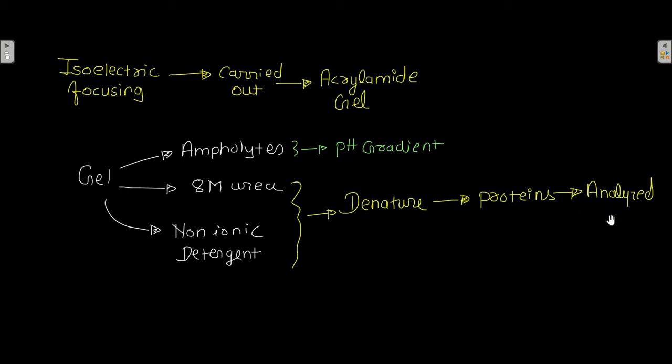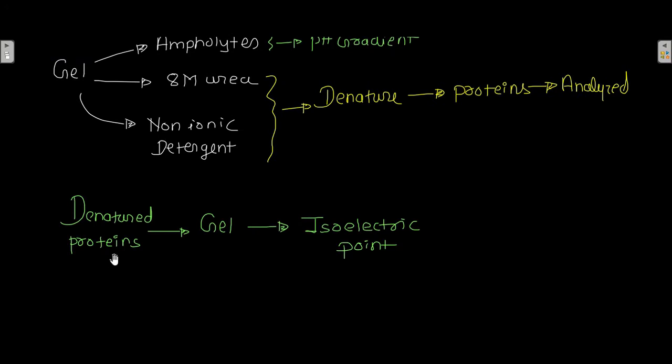So the ampholytes form the pH gradient, and these two things denature the protein and maintain its solubility so that it can be analyzed. The denatured proteins get separated in the gel according to their isoelectric point.